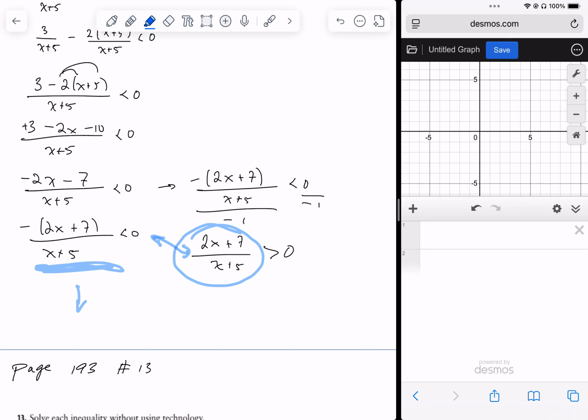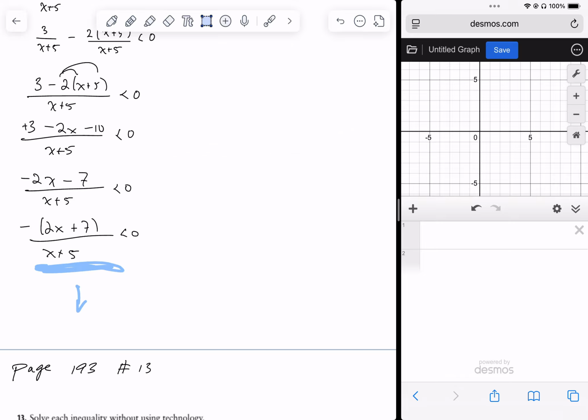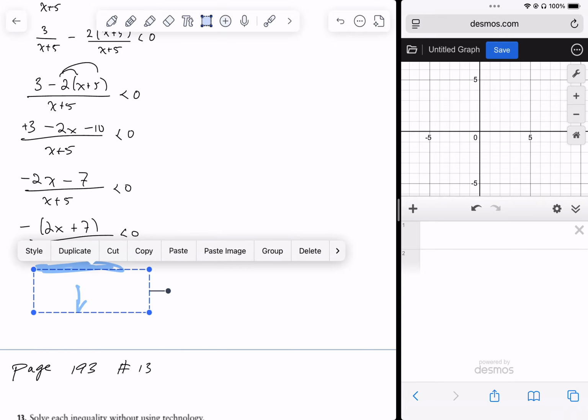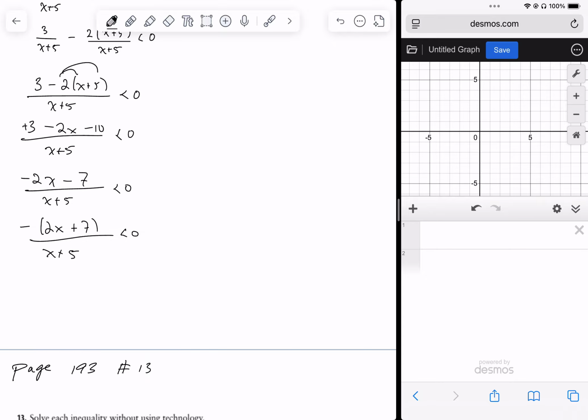So I'm going to avoid flipping the inequality. It's the same graph, just vertically reflected, and it just changes the intervals. So the graph we are producing is like this one here. I'm not going to flip the inequality here. I'm just going to leave this.